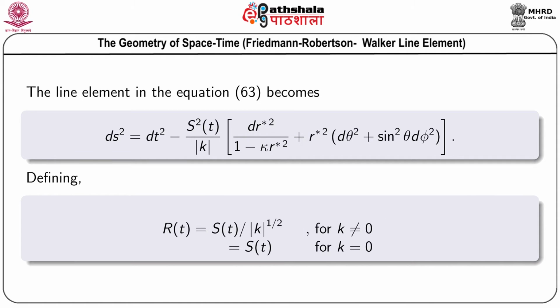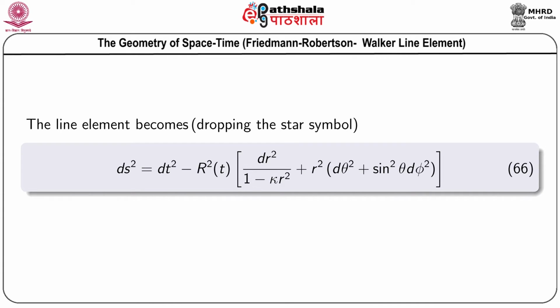Now, defining R t equals s t by mod k to the power half for k not equal to 0 and equal to s t for k equal to 0, the above line element, after dropping the star symbol, becomes this one: ds square equal to dt square minus R square t in the third bracket, dr square by 1 minus kappa r square plus r square within the first bracket d theta square plus sin square theta d phi square, and the third bracket is closed, where the value of kappa is equal to 0, plus or minus 1.